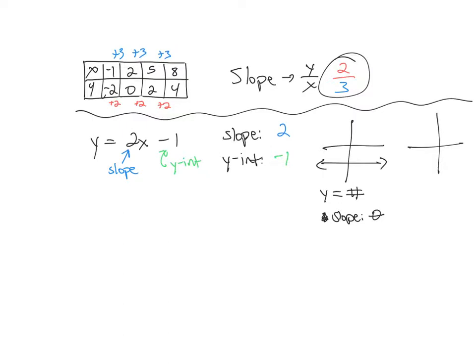And an x equals line is vertical, and that slope is undefined. The y equals line will have a y-intercept, like this one looks like it could be -2. An x equals line does not have a y-intercept.